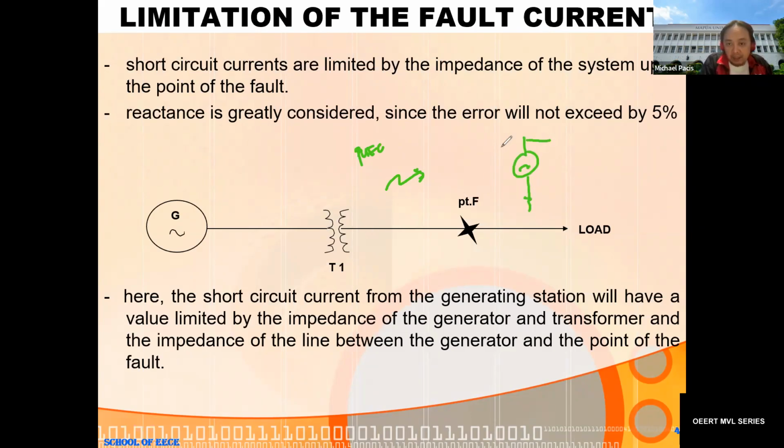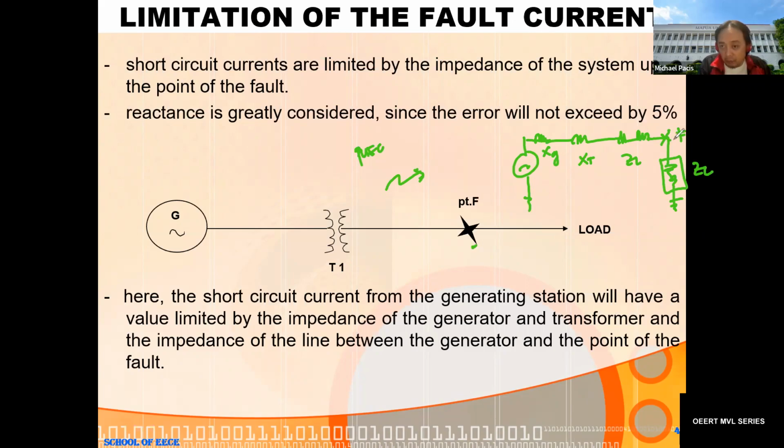If your generator has an XG here, your transformer has an XT, your transmission line has a ZL, and you have your load, for example, a Z load for this case, and the fault occurs before the load, as mentioned here.